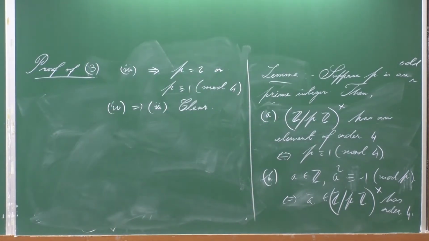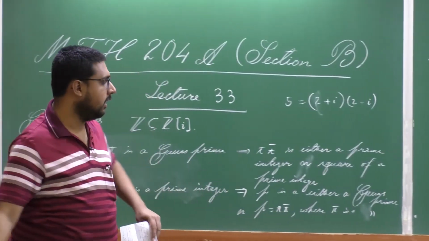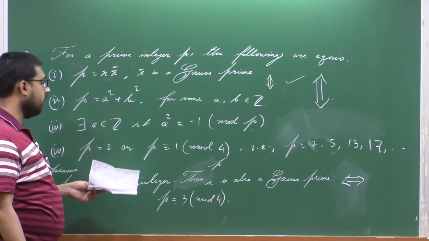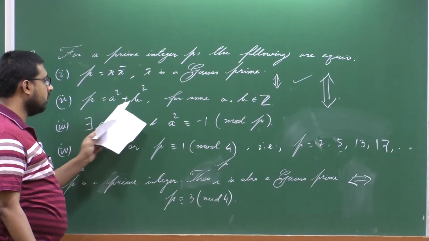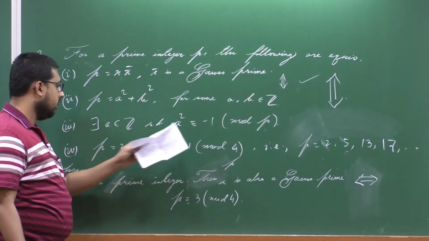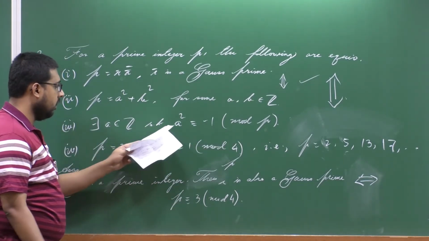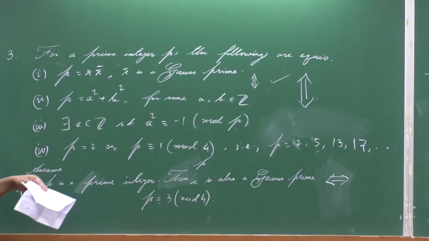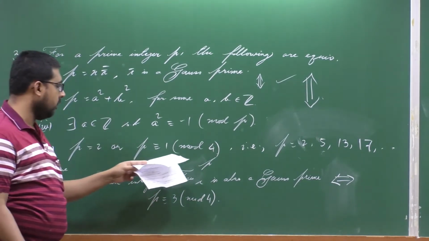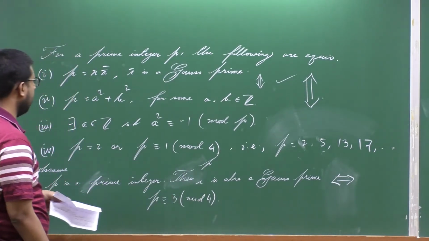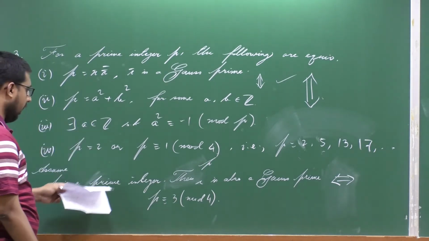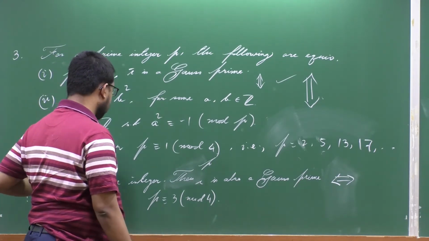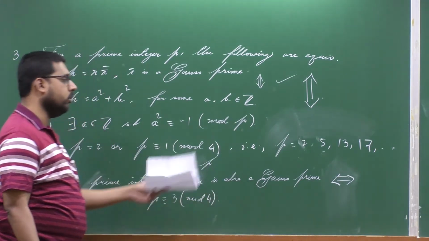That question now has a very complete answer: a prime P is not going to be a Gauss prime if and only if either P equals 2 or it is congruent to 1 modulo 4.